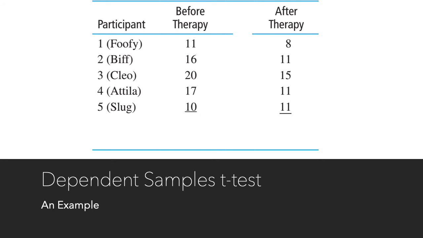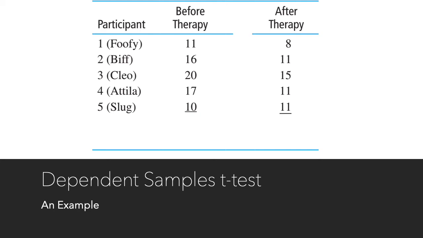Let me walk you through an example here in the PowerPoint, and then we'll do more of this next time. This is a study of a therapy for phobia. We have 5 participants, Foofy, Biff, Cleo, Attila, and Slug. Sorry for their names. I took this from an old textbook. We're going to measure their fear of spiders before therapy and after therapy.